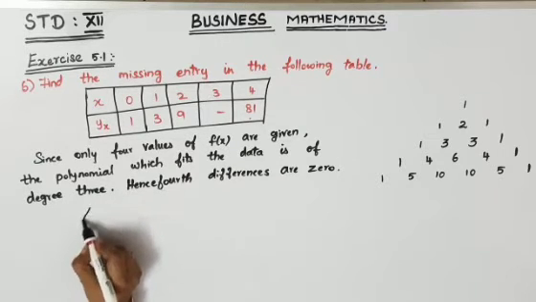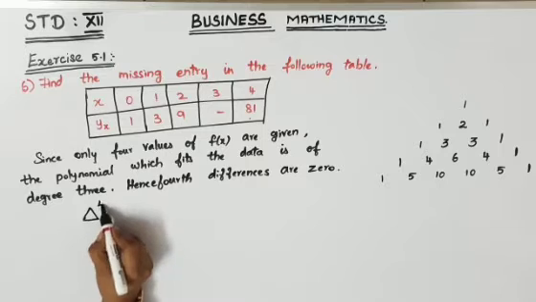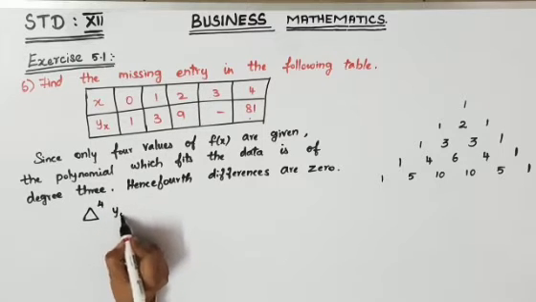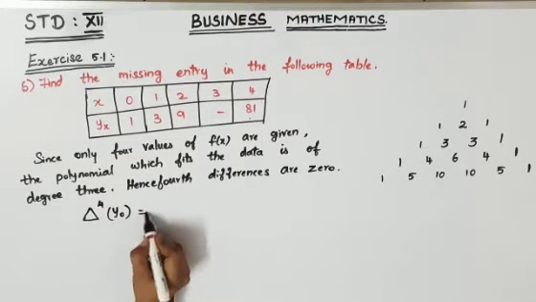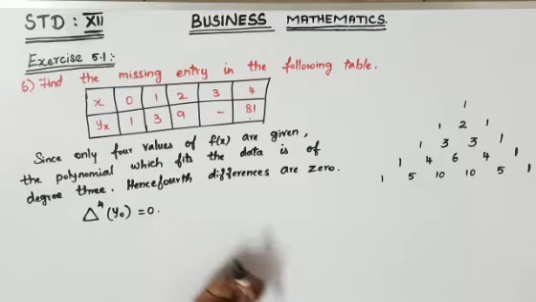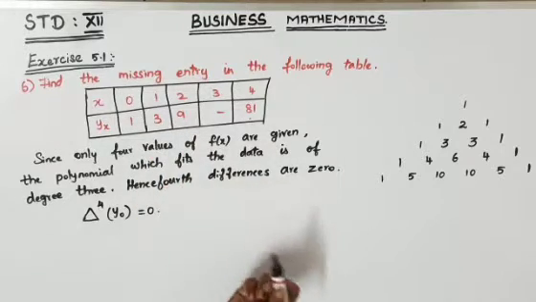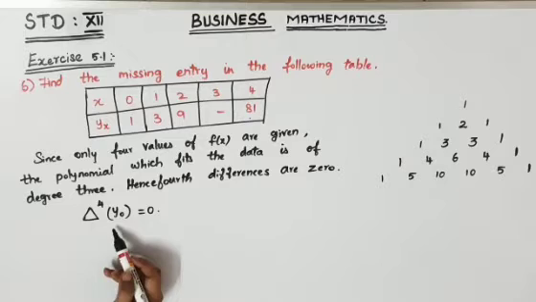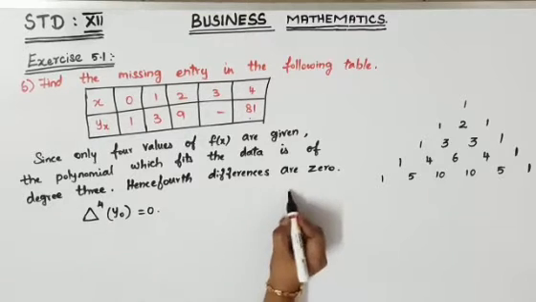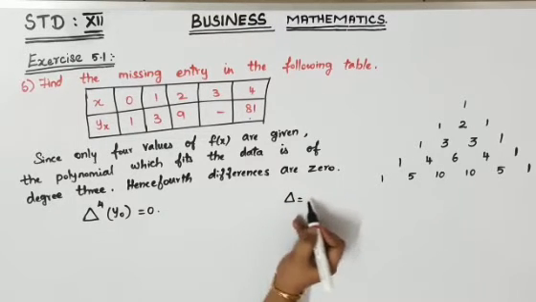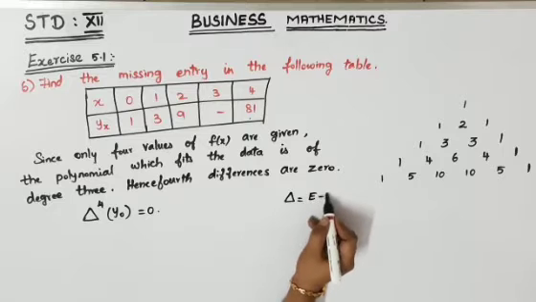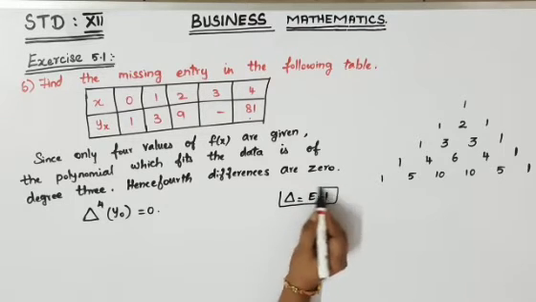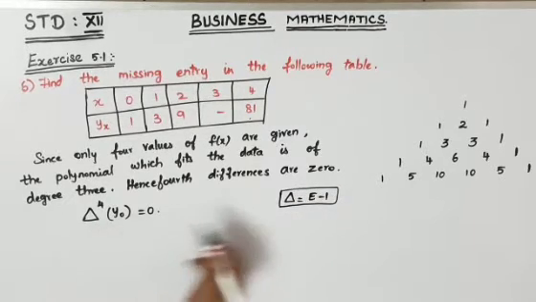So we can start with delta power 4 y naught is equal to 0, because 4 values are given. We know delta is equal to e minus 1, so just replace delta with e minus 1.